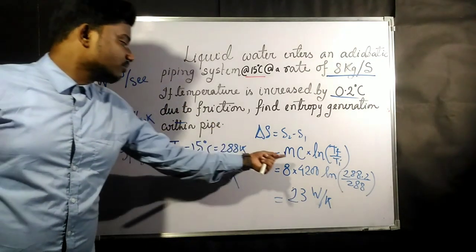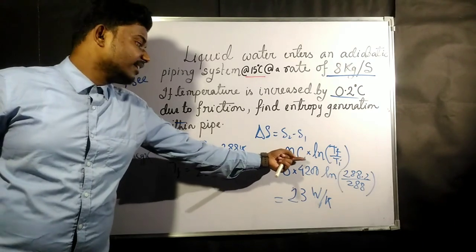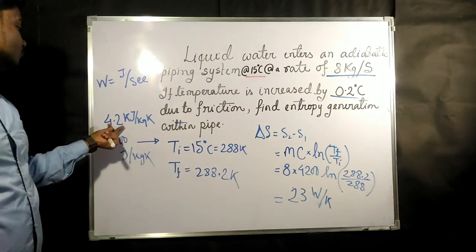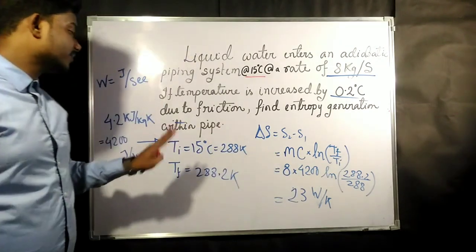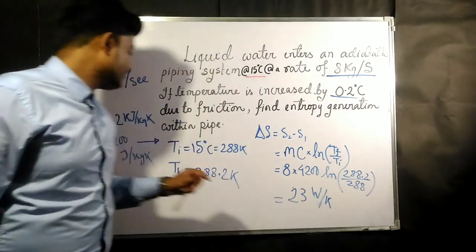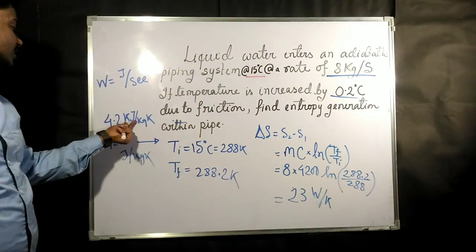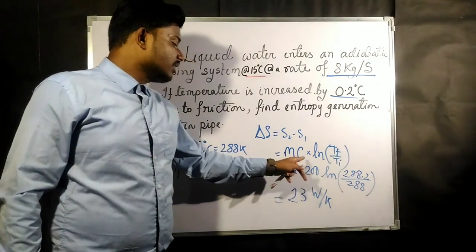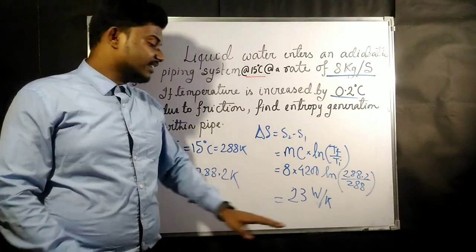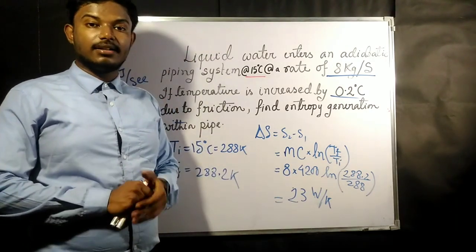The per second is with mass, kg per second, and C has a value of 4.2 kilojoule per kg. If I had taken 4.2, it would have been kilowatt per Kelvin, because kilojoule per second is kilowatt. So I have written 4200 because I need the answer in watt per Kelvin.